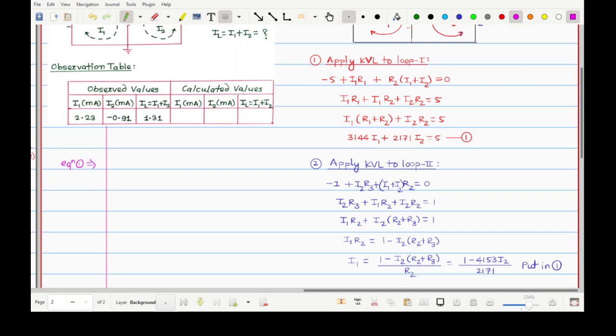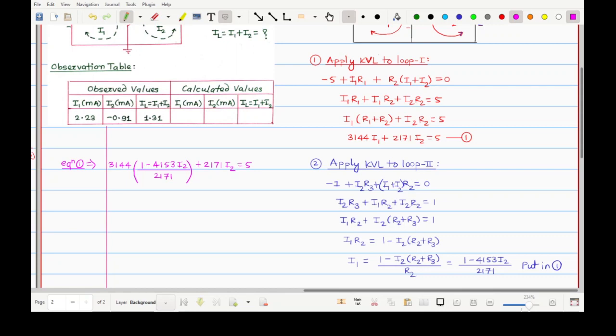So now your equation 1 becomes 3144 times I1, and here we are putting the value of I1, multiplied by 1 minus 4153 I2 divided by 2171, plus 2171 I2 is equal to 5. So this is nothing but your equation number 1. Now solve this equation.